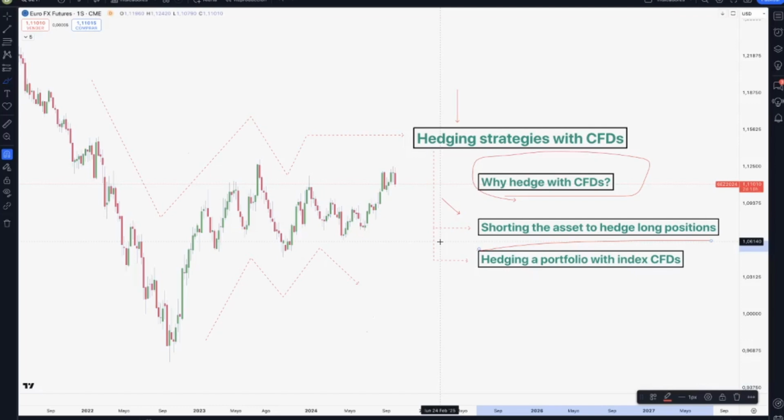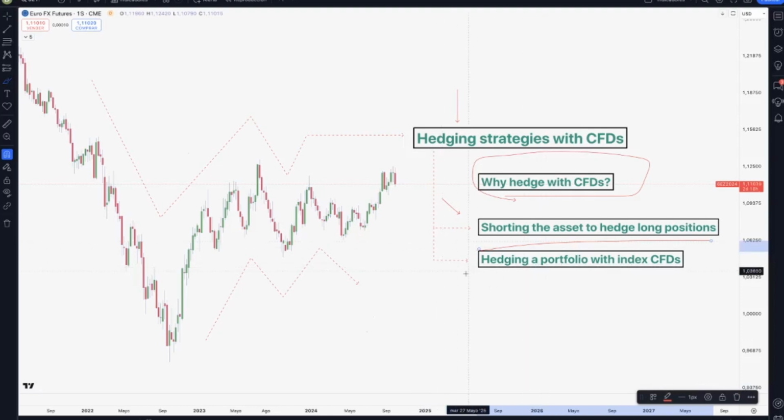You don't expect Apple to disappear, but you're expecting a downtrend on it. So to hedge, you open a short CFD position on Apple with a similar value. So if Apple's share price drops, the loss in your stock portfolio is offset by the gain in the CFD short position. Is that understandable? It's very simple. You're hedging your position, in this case Apple, and you're protecting it by shorting it with the CFD.